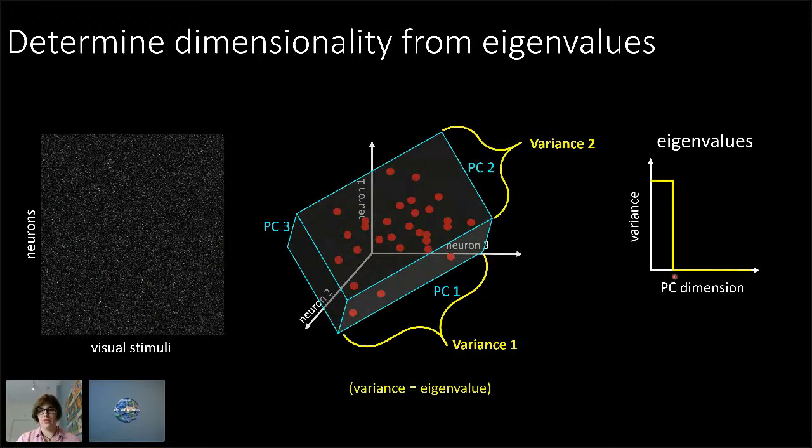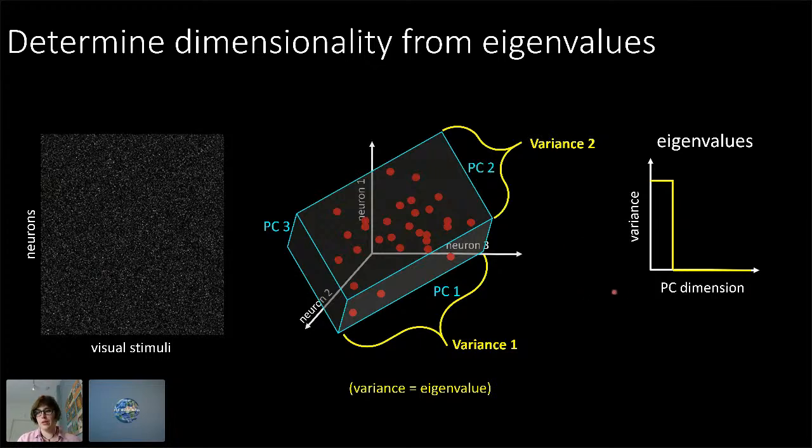And then the rest, if we took more and more principal components, PC 4, 5, 6, and so on, they're all 0, then we get an eigenvalue spectrum that would look like this, where the first 3 are positive, and then the rest are 0. And this would correspond to a system where we can put the system in a box that's 3-dimensional, and we can explain all the activity just in this 3-dimensional box.